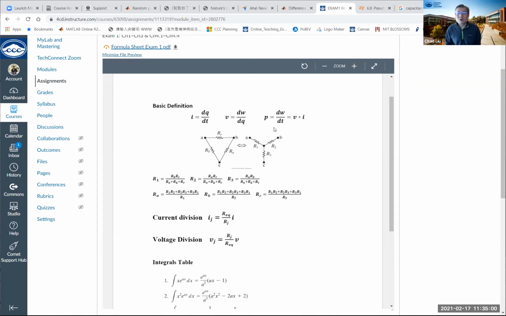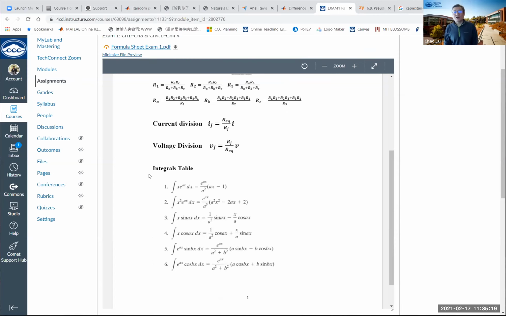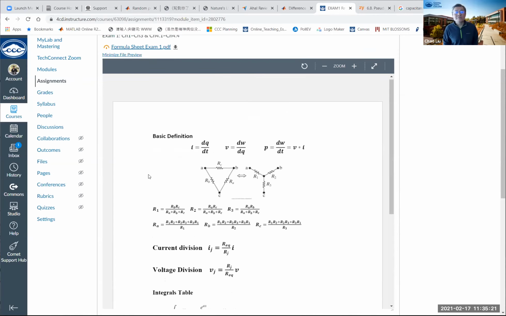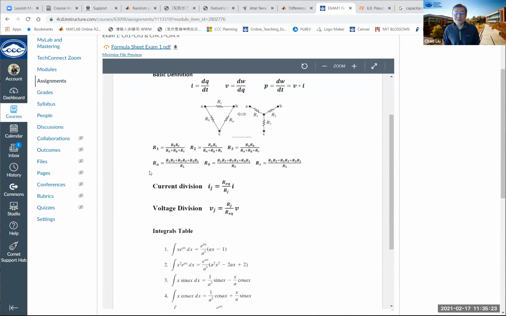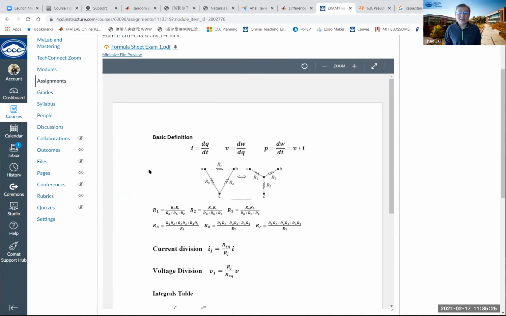Integration of the power with respect to time. Transformation equations, delta to pi or pi to delta. The current division, voltage division, and there's an integration table over here. So that's the formula sheet that you're going to get in the exam.